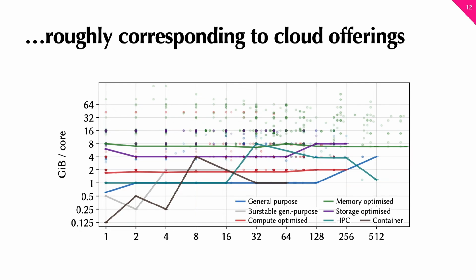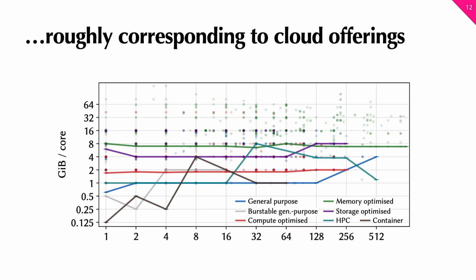For the absolute smallest, you can get some container-based configurations which are available with up to 4 cores, and then you can get below the 1 gigabyte per core line, typically. All right, so now we know the machines that we're using.